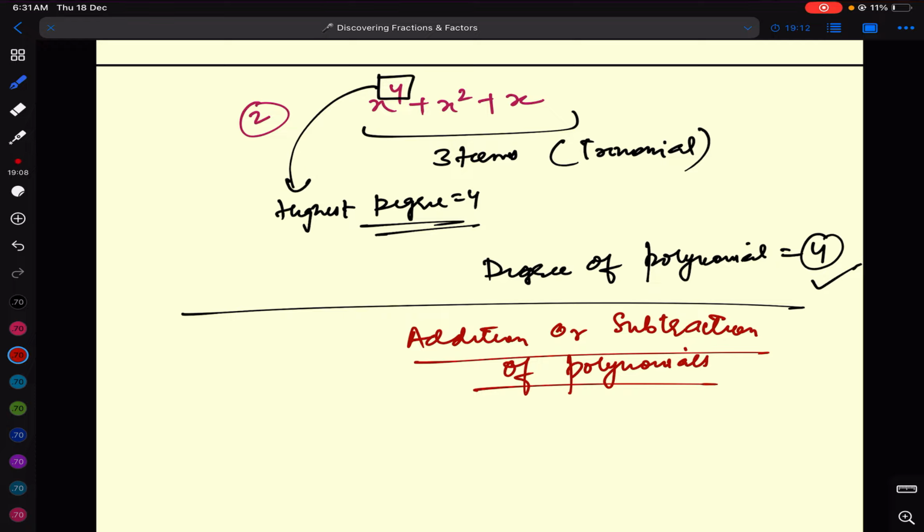Addition we have already seen. We simply add the multiple monomials or the multiple terms, and that's how we have a polynomial. Now when it comes to addition of polynomials, we'll be adding two polynomials together. Similarly, in the case of subtraction, we will be combining the two polynomials with the negative or the minus symbol. I'll give you the example.